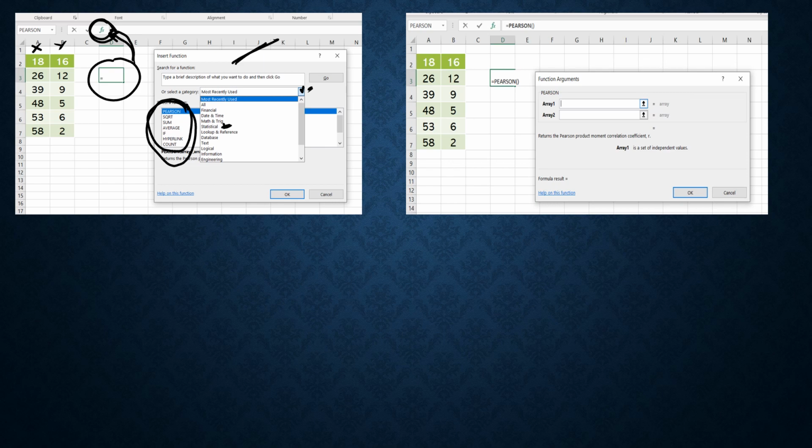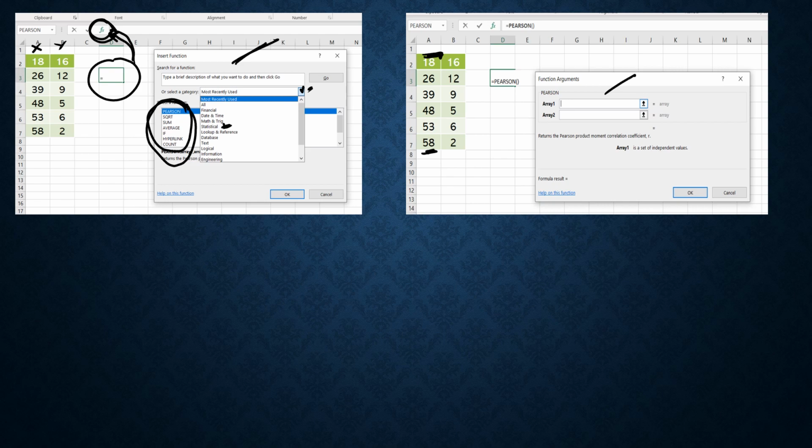After pressing Pearson, there will be function arguments like this one. For array 1, you will drag with your mouse from this one up to this one.